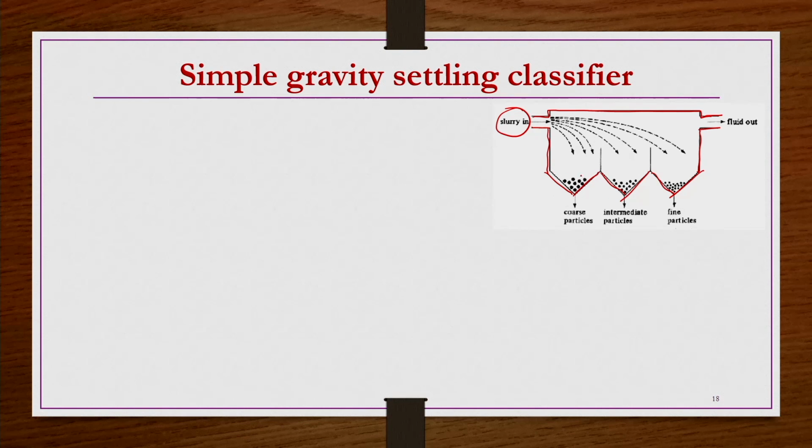The larger particles will have a higher settling velocity, so they will settle towards the entrance wall as coarse particles.